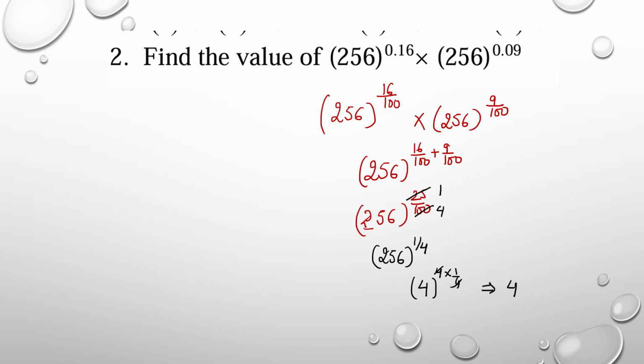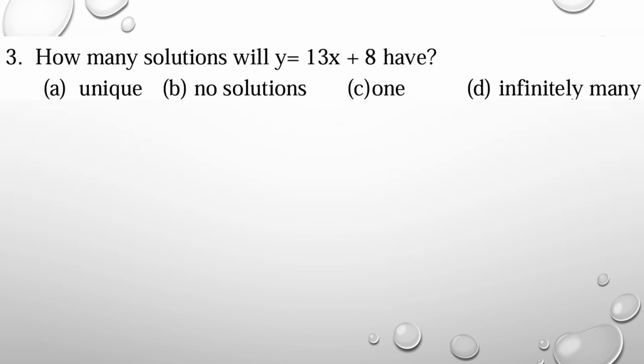Answer is 4. Next, how many solutions will y is equal to 13x plus 8? अब जितनी हम x की वैल्यूज इंसर्ट करेंगे उतनी ही y की वैल्यूज आएंगी. So that is why infinitely many solution.